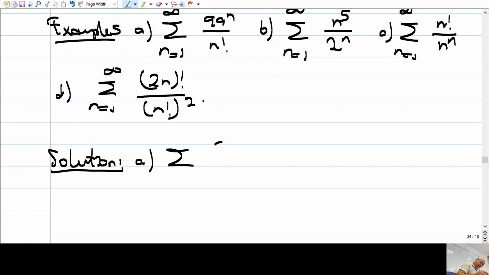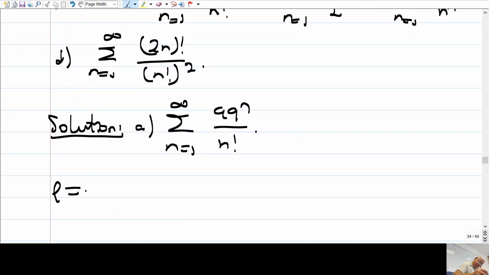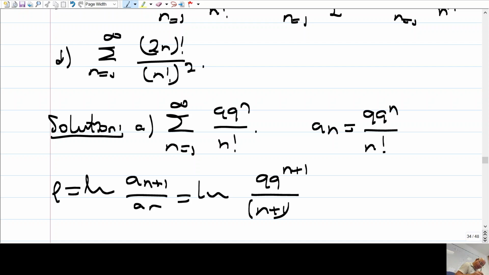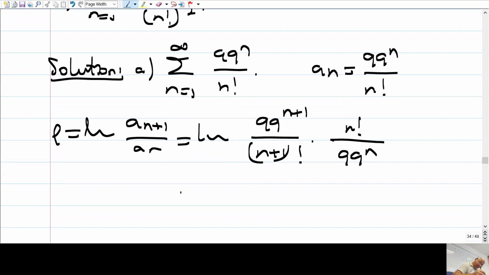For the first series, what is rho? Rho is the limit as n goes to infinity, where a_n is just 99 to the power n divided by n factorial. So this is 99 to the power n plus 1 divided by (n+1) factorial, times n factorial and 99 to the power n. So what is the result?